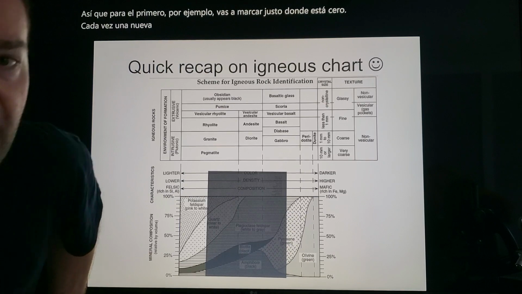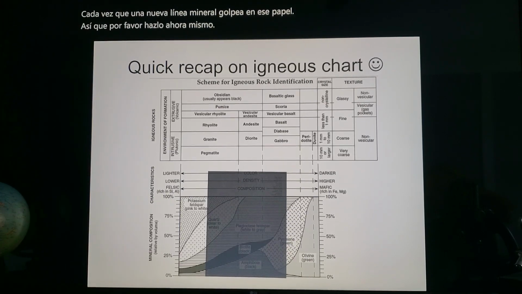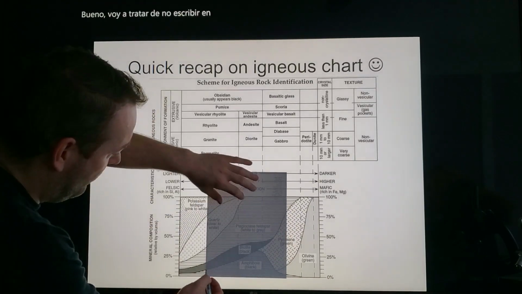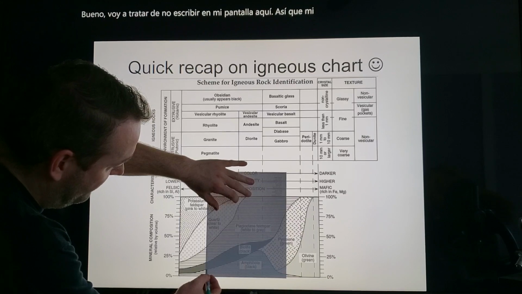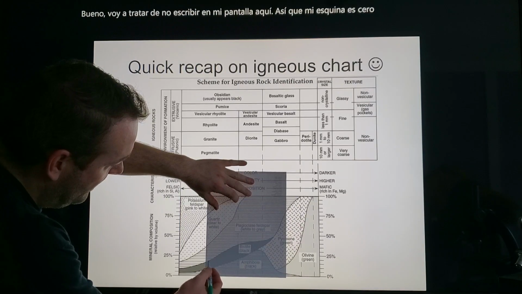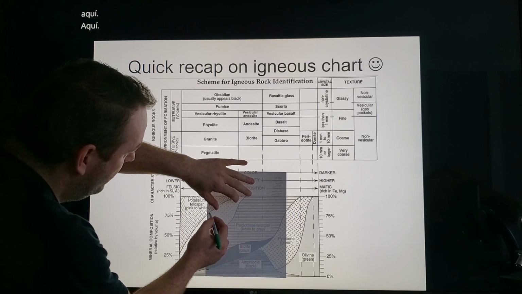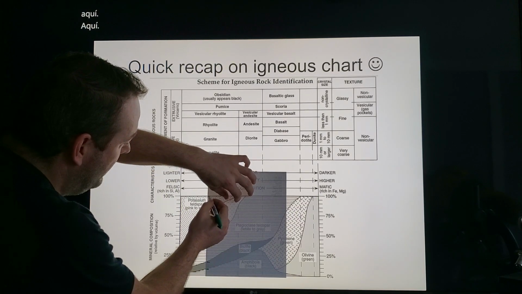So please do that right now. All right, I'm going to try not to write on my screen here. So my corner is 0. Then I have here, here, here, here, and here.